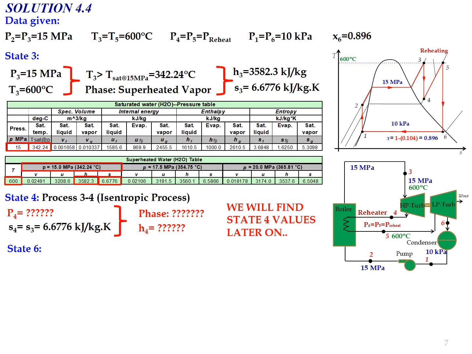So we determine the information for state number 6 first, where P6 equal to 10 kilopascal and the second data is X6 equal to 0.896. We already have two data, so we can determine the enthalpy, entropy and so on for state number 6.